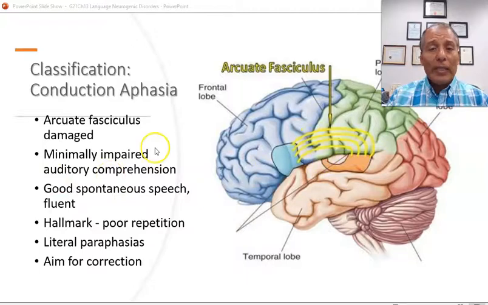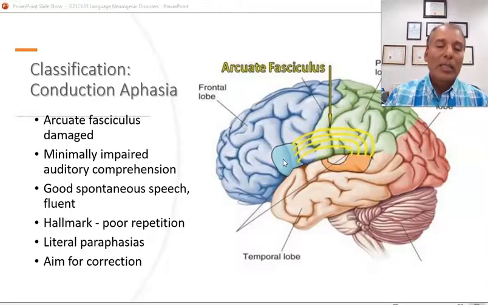The person in that case will have minimal impairment in auditory comprehension because Wernicke's area has all the stuff that it has, and Broca's area is intact with the skills it facilitates, but the problem is just sending the information back and forth.